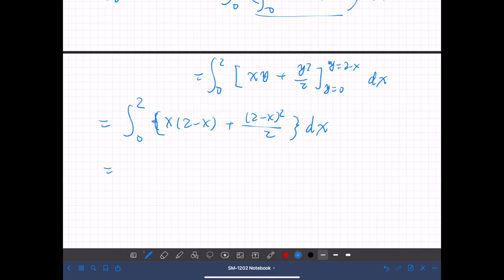And if you expand this, you should have 2x minus x squared plus (2 minus x) squared over 2.